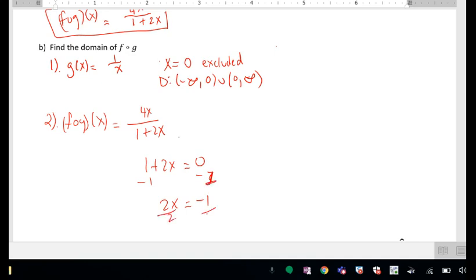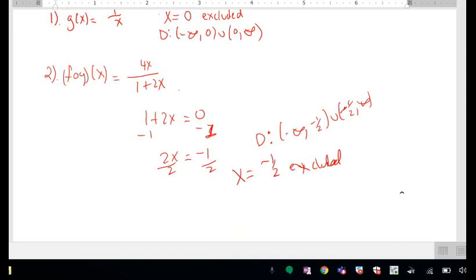Divide by 2. So x is equal to negative 1/2, which means that this value is excluded from the domain. Okay, so the way we could write this is the domain goes from negative infinity to negative 1/2, union negative 1/2 to infinity.